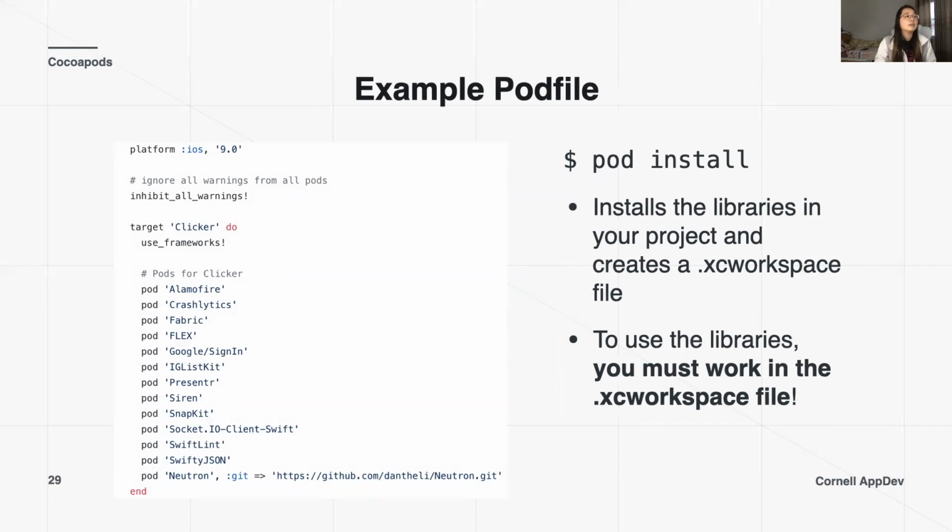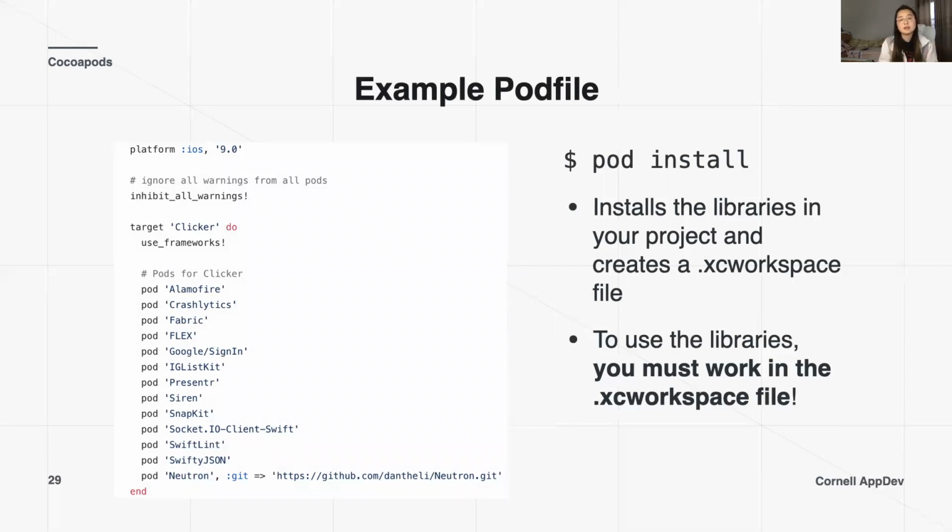As you can see on the left-hand side, we have a screenshot of an example Podfile. It lists all of the libraries that you want to use. Here we see Alamofire, a library that we're going to use to execute our network calls, right? And then there are things like Google/SignIn, which is also a library you can use to sign on to Google.